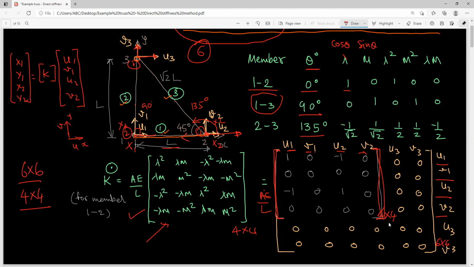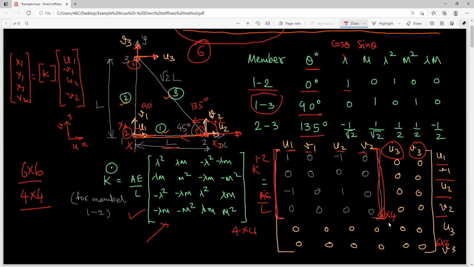And I can do this only by introducing zeros, corresponding to the variables which are not relevant to that particular matrix. So you may see here, I have written the K matrix for member 1, 2, but I want to expand it to the size of the global stiffness matrix. If there is a 4 noded truss, I have to introduce the third and fourth node also.